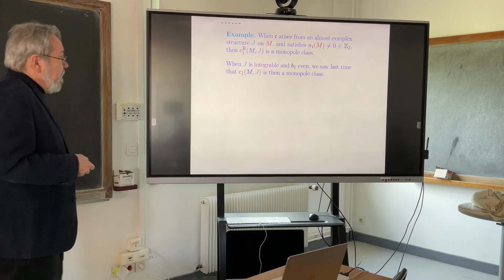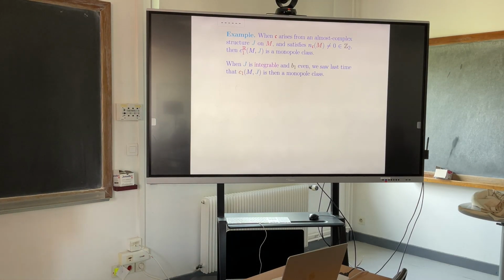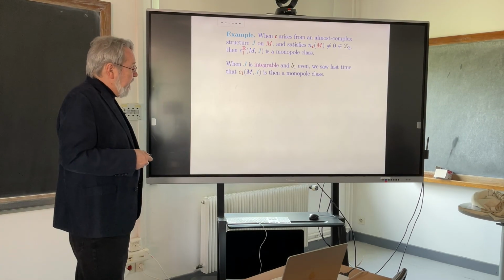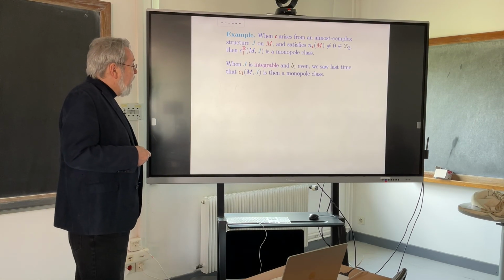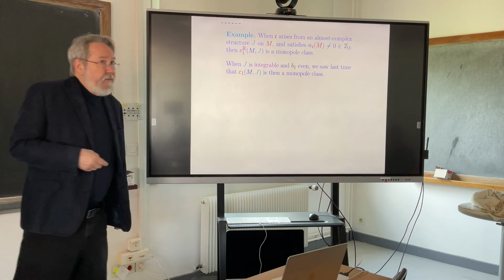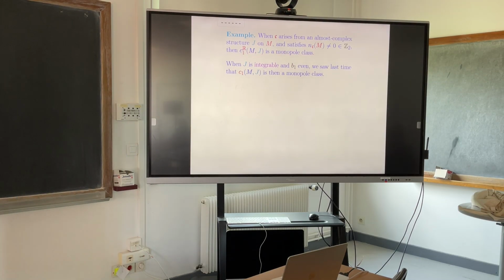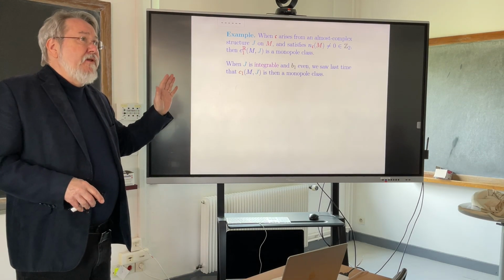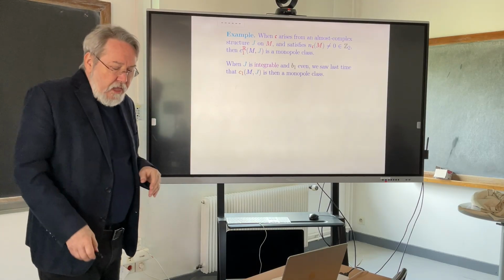So the amazing point is that if b1 is even, and J is integrable, which happens if and only if you can find a Kähler metric that's compatible with all of the information, then its first Chern class is a monopole class. Here is something that is very remarkable in 4 dimensions, and it's unknown whether this can happen in other dimensions or not.